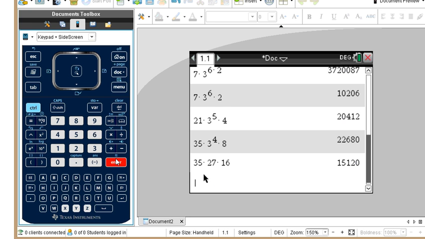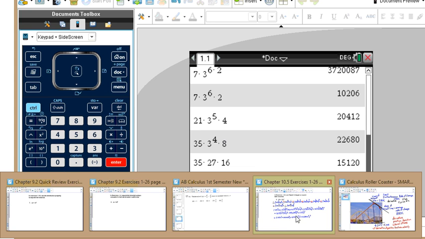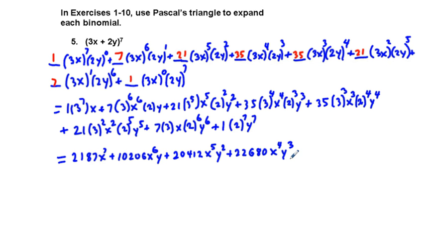And for that we get 15,120. So the numbers start to go down a little bit. So 15,120, and that's going to be x to the third, y to the fourth. I'm going to make another row down here. Okay, so we have 5 terms.